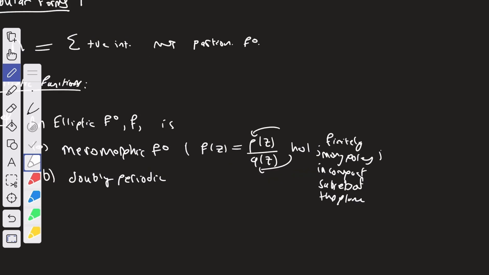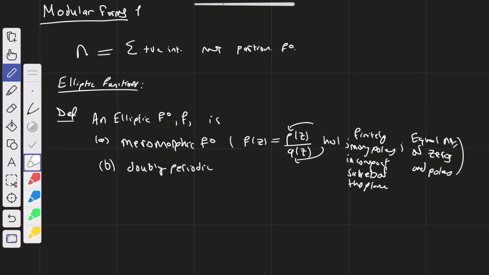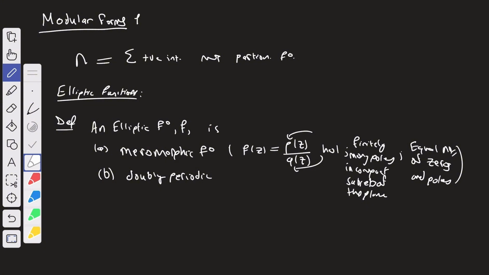And it has an equal number of zeros and poles. So these are the essential things we would need about a meromorphic function. These are more properties of meromorphic functions, but these are the things we'll be needing for this course.